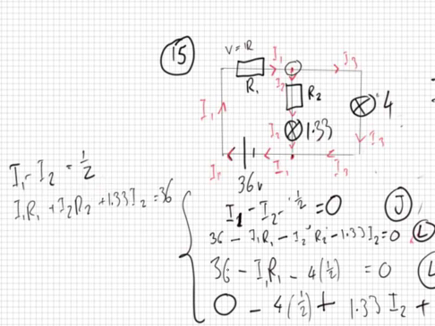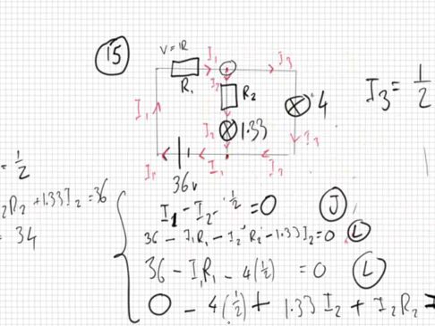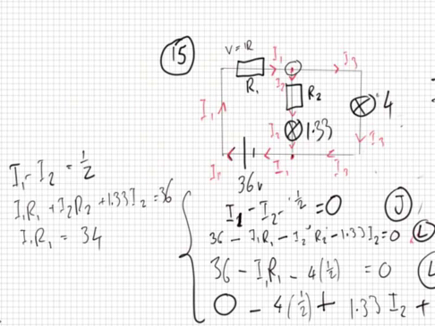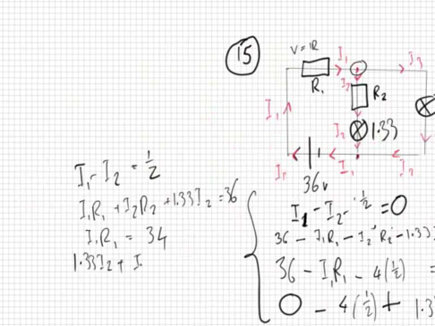This one here, I1 R1 equals 34. And then the one at the bottom was minus 2. So 1.33 I2 plus I2 R2 equals 2.